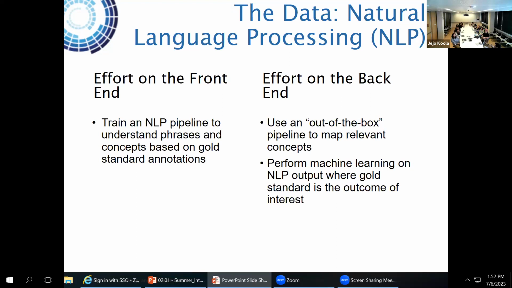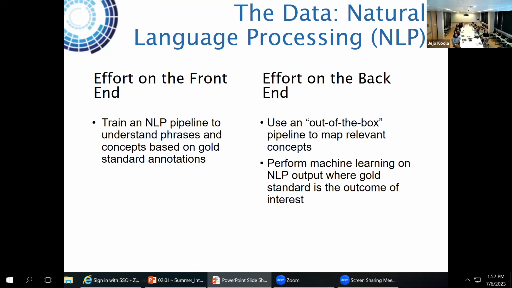But that process breaks down when you need to look at thousands or tens of thousands of patients. So that's when we use natural language processing systems to convert that narrative text into something computable. Depending on the processing system you use, you either have to do work upfront, training a system specifically for your task at hand, or you have to do the work on what I would call the backend.